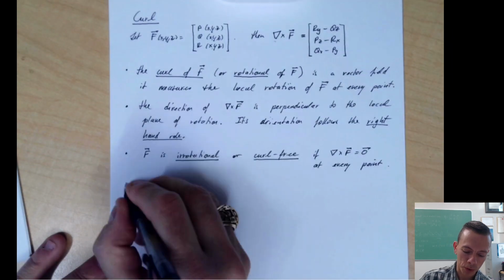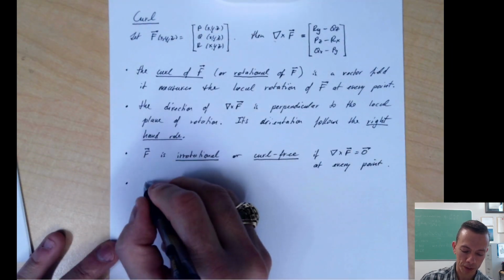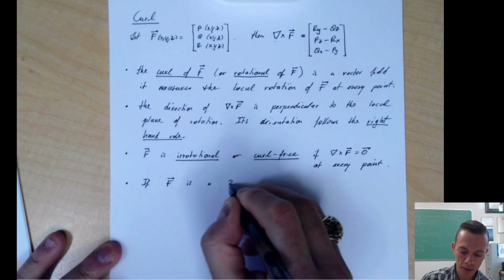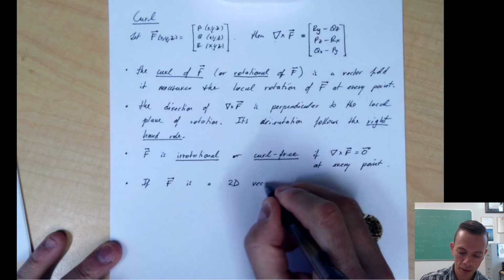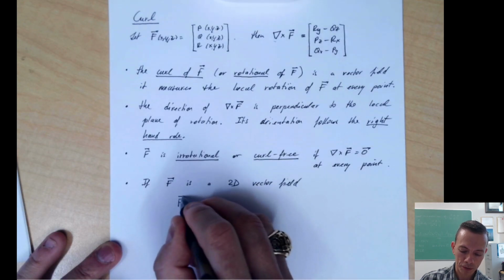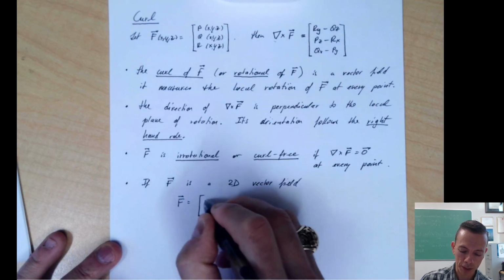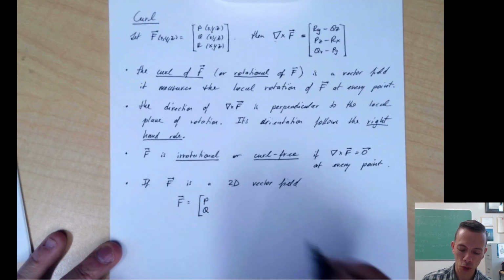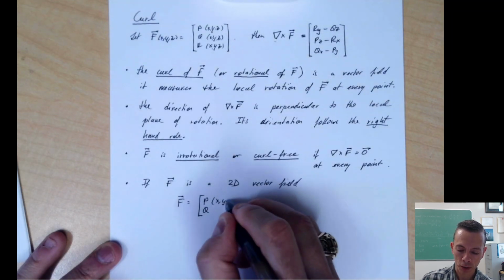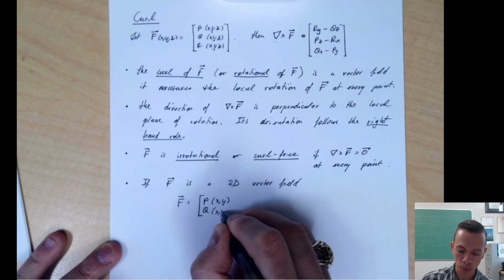And so finally, what do we do if we have a two-dimensional vector field? In this case, F is simply a two-dimensional vector field with components P and Q, and P and Q only depend on x and y, not on z anymore.